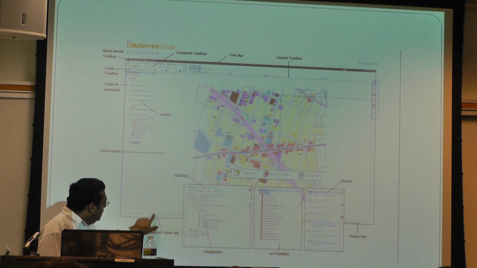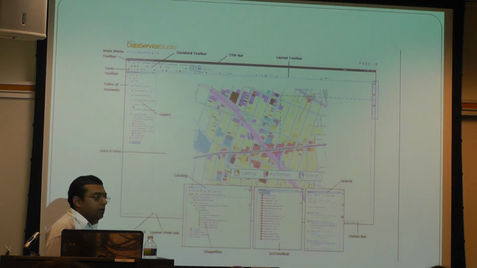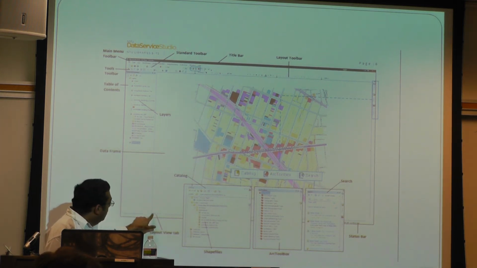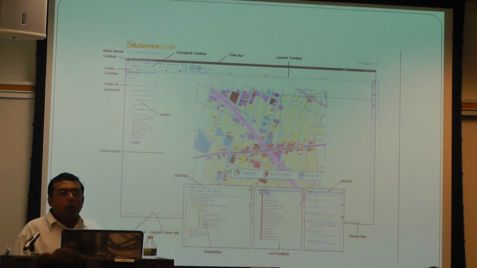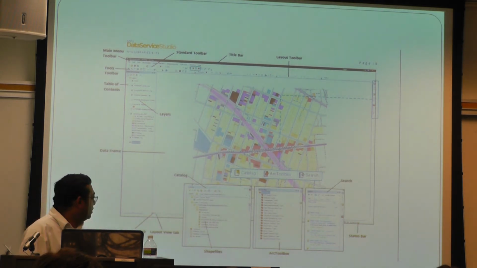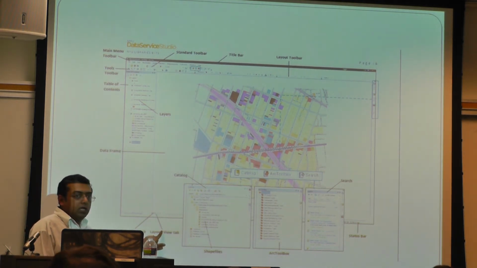There are two buttons right here. We are right now in the data view tab, which opens by default. The icon right next to that is the layout view tab, which actually lets you print or display your maps in, say, a pretty manner. We will actually use this after the break when we actually create thematic maps.